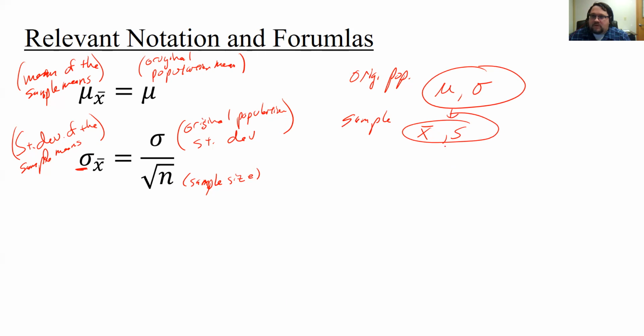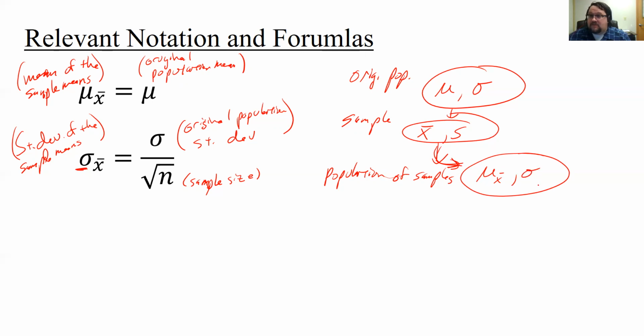But what we're saying is we're going to take this and create a population of samples. It's going to be all the possible samples. In that population of samples, it has a population mean that's based on the sample means, and a population standard deviation that's based on the sample means.